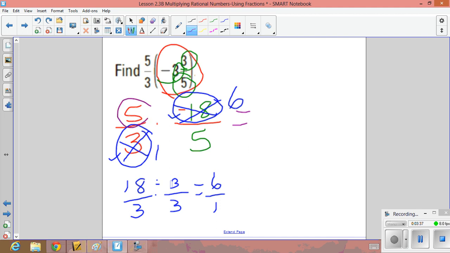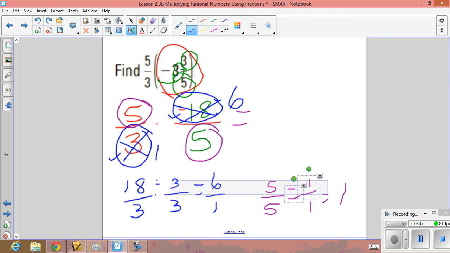And I could also do the same thing to the opposite numbers. If I take a look at the 5 and the 5. Imagine for a second it was just 5 over 5. Can I divide both of those by 5 to get 1 over 1, or just 1? So 5 divided by 5 is 1. 5 divided by 5 is 1. So my new fraction that I'll be multiplying is 1 times 6 over 1 times 1.